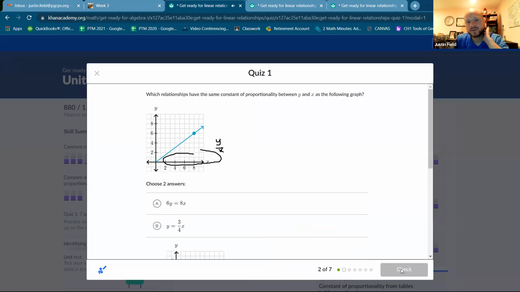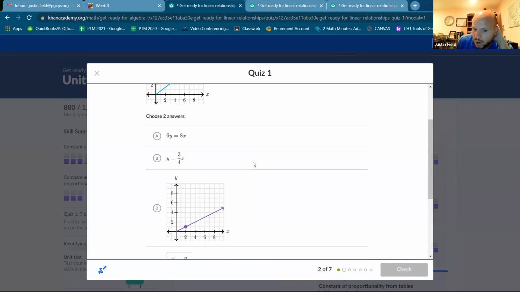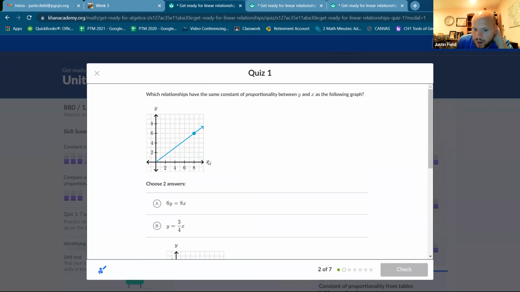Ta-da. And I could have taken the other two y's and divided by those x's. It would have been 5 as well. Which relationships have the same constant of proportionality? All right. So we want to talk about that.